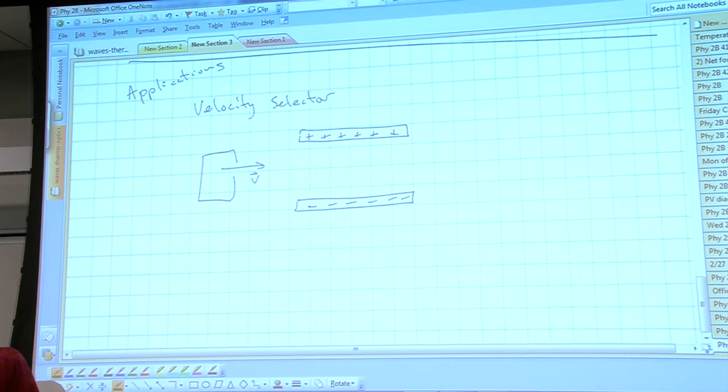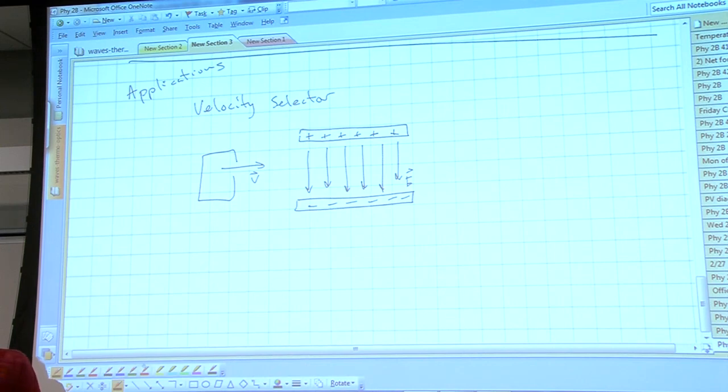That creates an electric field in one direction. That's our E field. And then you'd have a magnetic field. I'll do mine in blue, I guess. In another direction, maybe into the page.